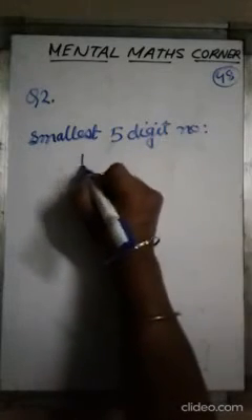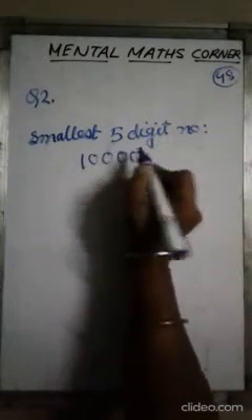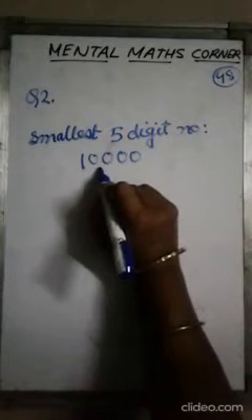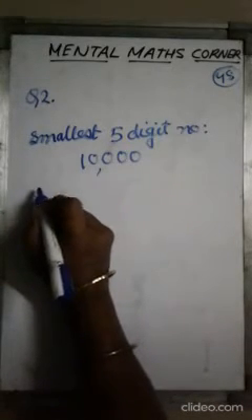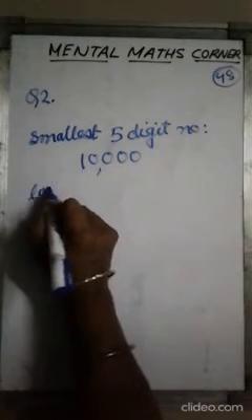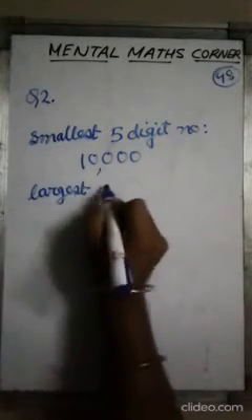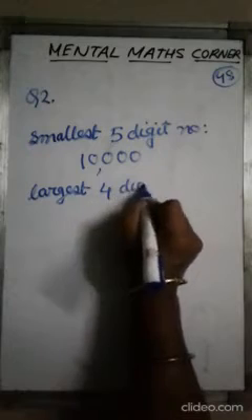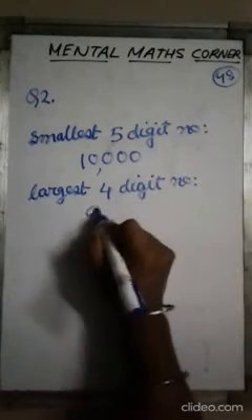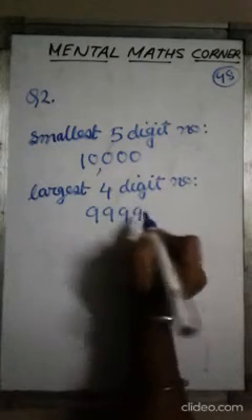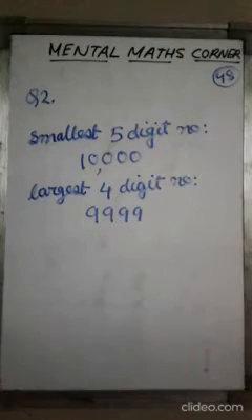What is the smallest 5-digit number? That is 10,000. And the largest 4-digit number is how much? All the digits are 9.